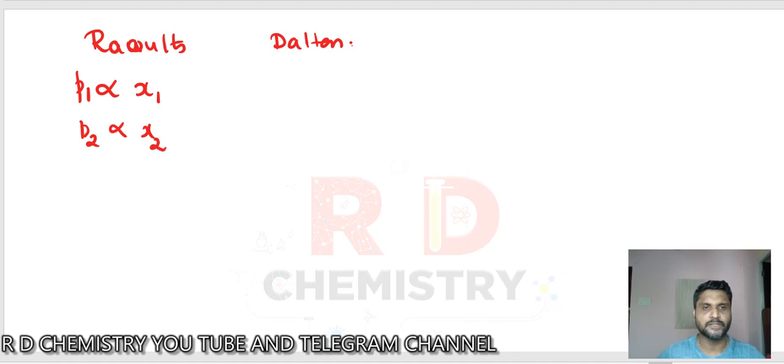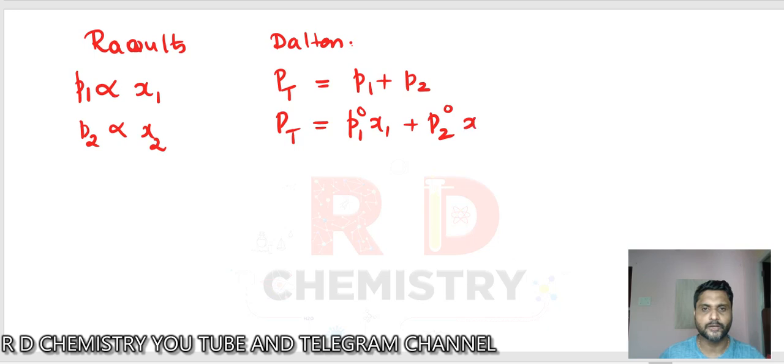Using Dalton's law, the total pressure of the mixture of the two liquids is P1 plus P2. So we have Pt equal to, according to Raoult's law, P1 naught into x1 plus P2 naught into x2.